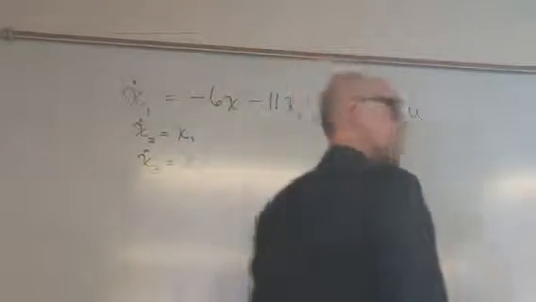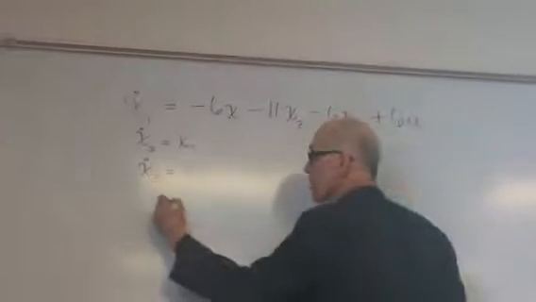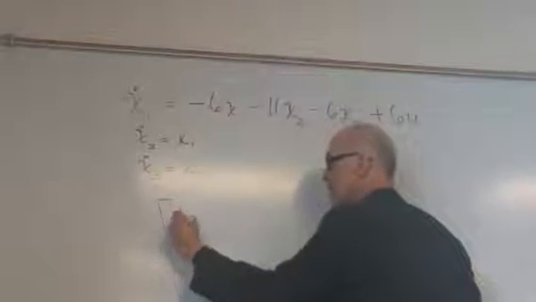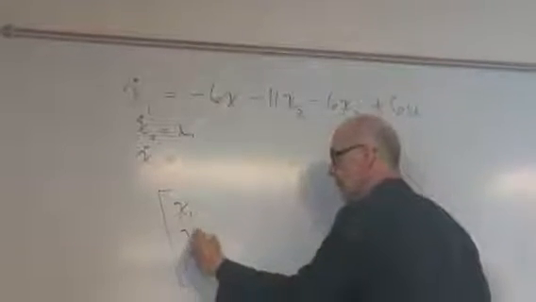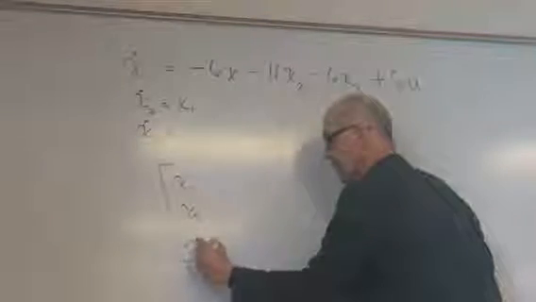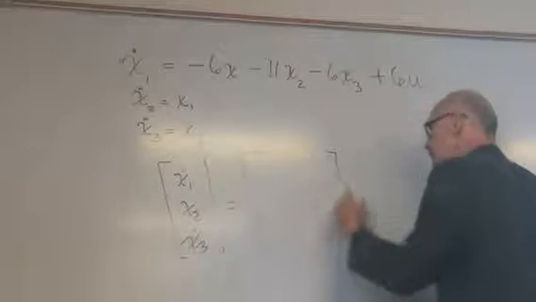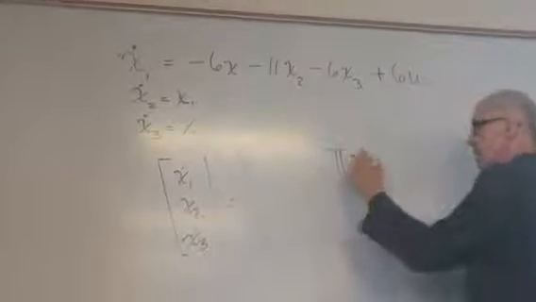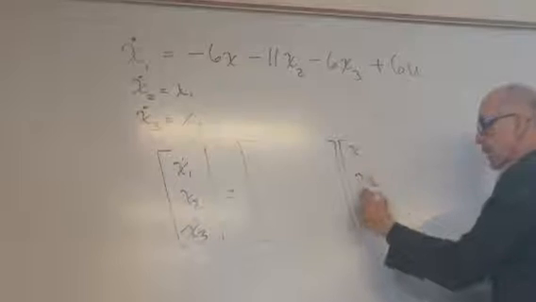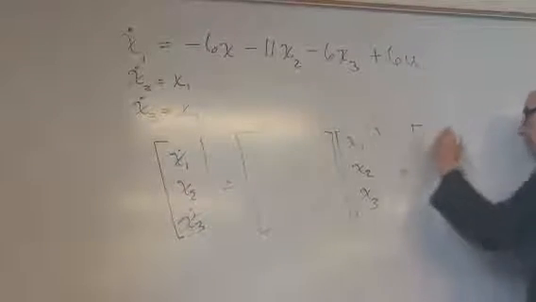And now we just write this in matrix form. So to write it in matrix form, just write x1 dot, x2 dot, x3 dot equals a big blob times x1, x2, x3 plus another big blob.